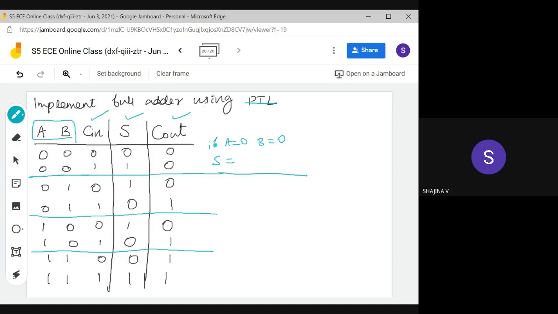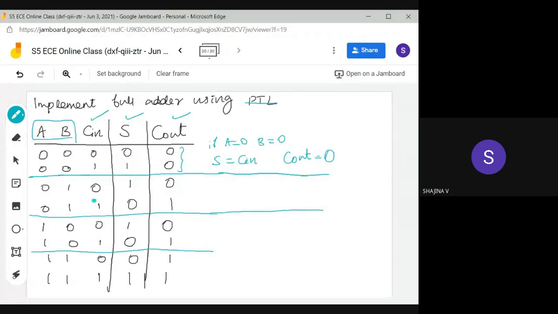So I can say if A equal to 0, B equal to 0, my S is equal to C in. And what is C out? Under this condition, what is carry out? Carry out equal to 0, right? In both cases, carry out equal to 0. So I can write if A equal to 0 and B equal to 0, my sum S equal to C in and C out equal to 0.